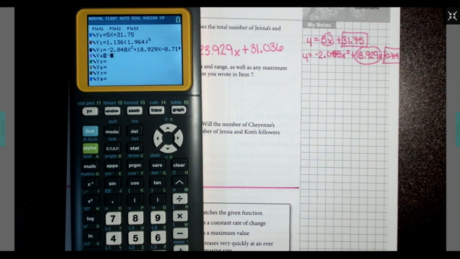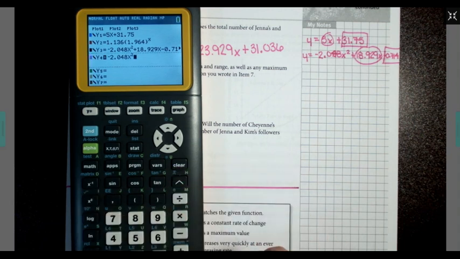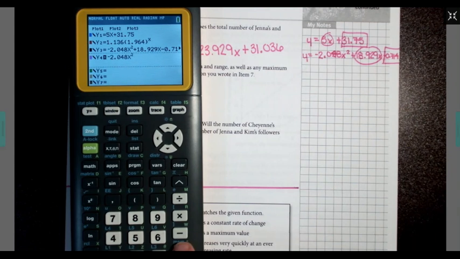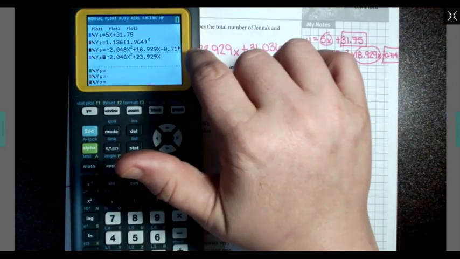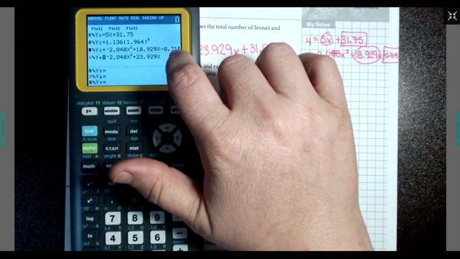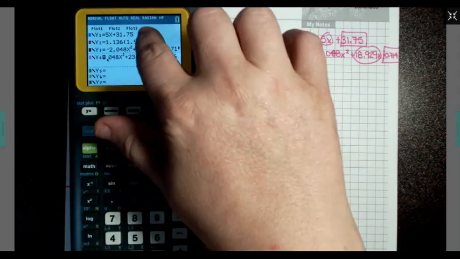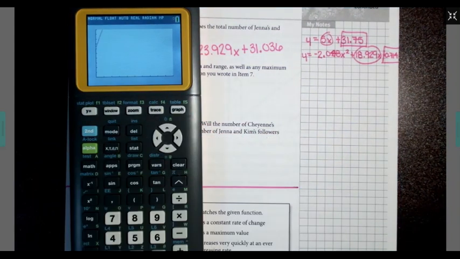I'm going to do negative 2.048 x squared. Instead of this saying plus 18.929, this is going to say plus 23.929x. And instead of saying minus 0.714, we're going to say plus 31.036 because we put those two together, right? And I'm going to go ahead and graph that.